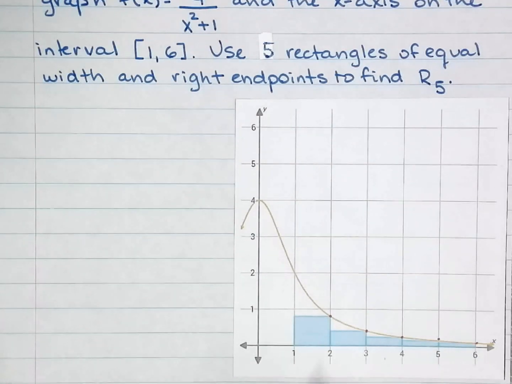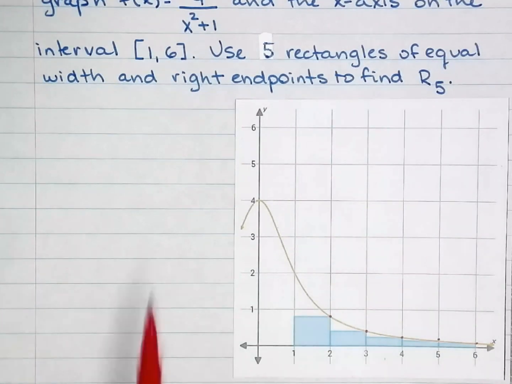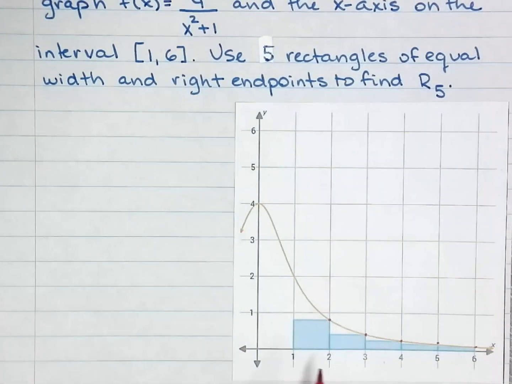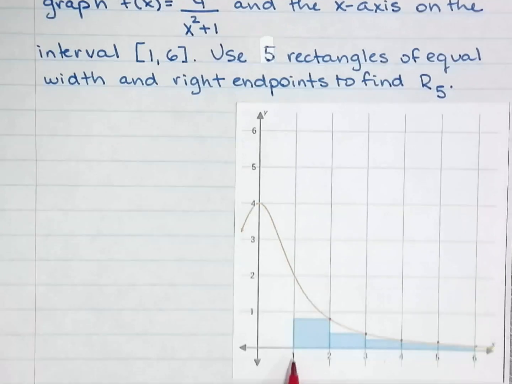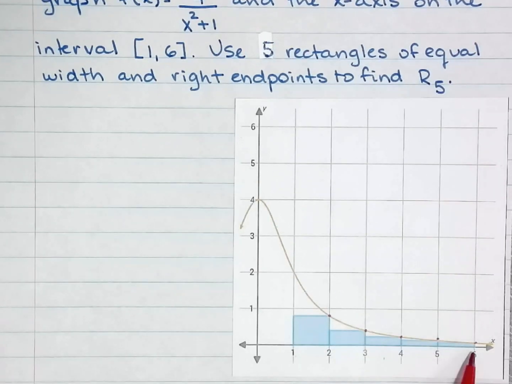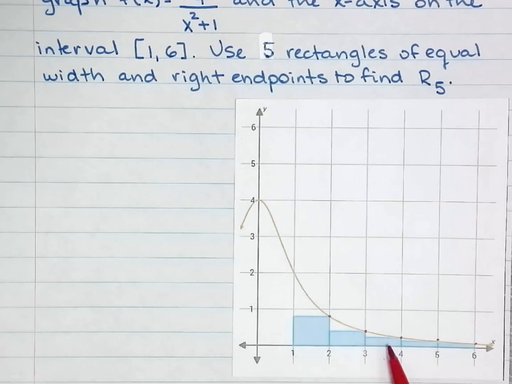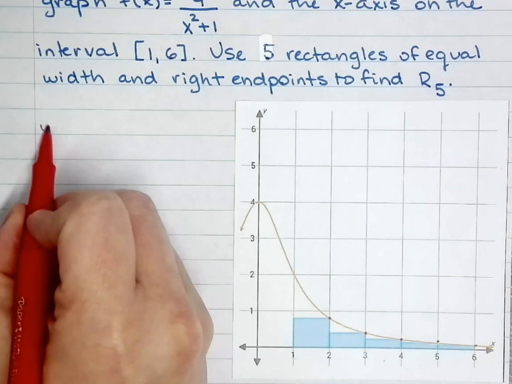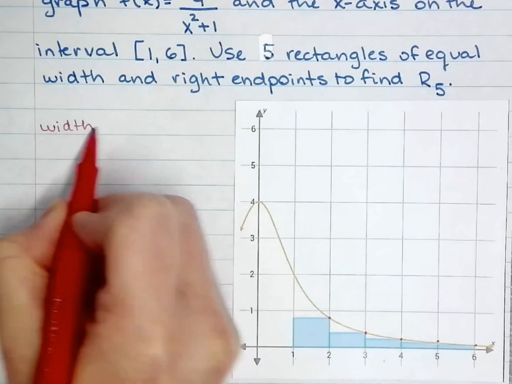Anyways, off we go. So we need to decide, to begin with, the width of each rectangle. So if I'm looking at the interval between 1 and 6, and I need 5 rectangles, 1, 2, 3, 4, 5. The width is easy. So each one will have a width of 1.